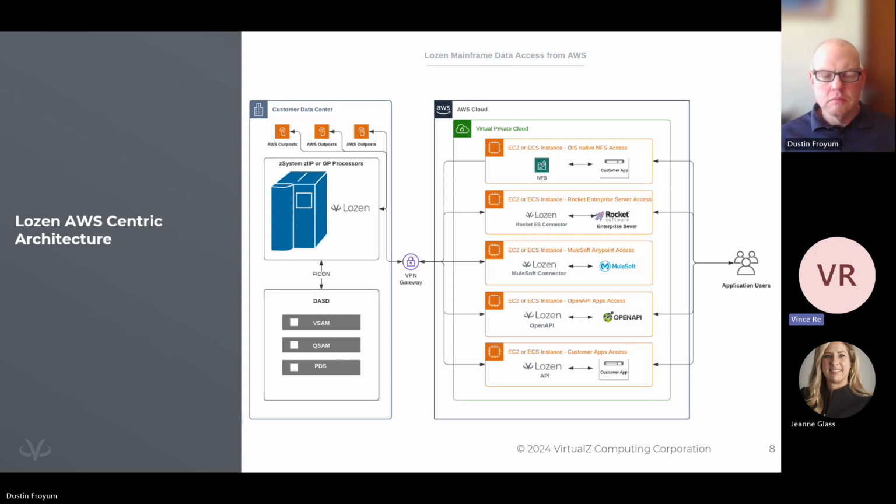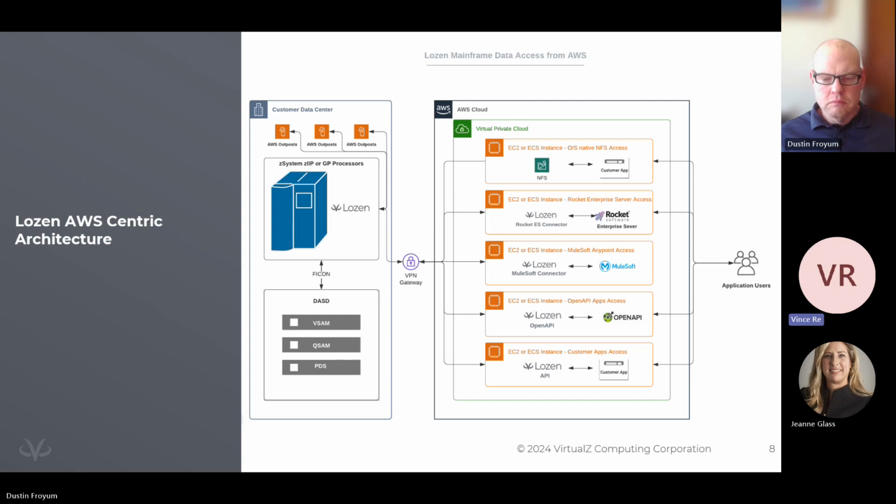You can install the Lozen connector into that environment, and you don't have to know anything about Lozen. There's no proprietary APIs to call. There's nothing you have to do other than recompile your program and make sure you have our file handler installed in that environment.